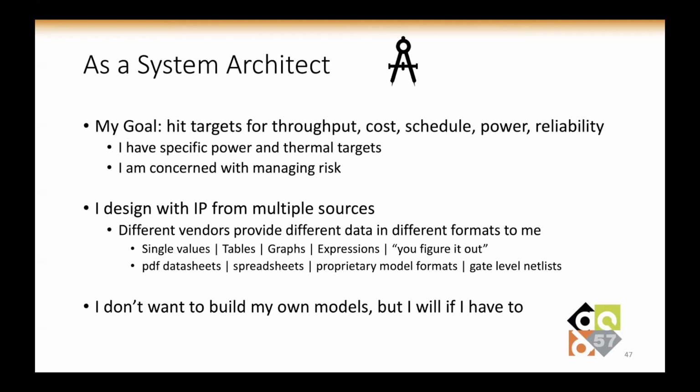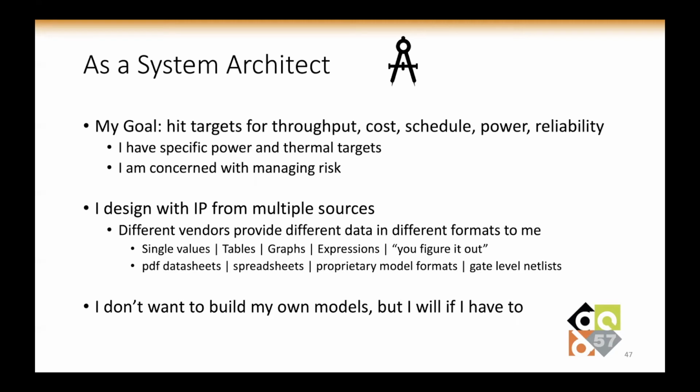In pursuing these goals, I'll be designing with IP from multiple sources, various external IP vendors, as well as internal IP design groups. Each of these different groups is likely to provide their data in different formats: single values, tables, graphs, or expressions, if they have it, but many don't.